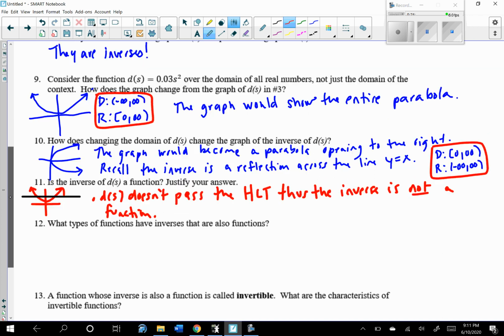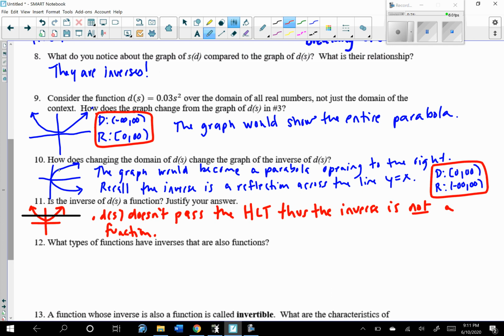We could also have seen that from looking at question number 10. If I look at the actual inverse graph, I could use the vertical line test, and I can see that it doesn't pass the vertical line test, and therefore it's not a function. But it was asking us to look at d of s instead of this graph here.